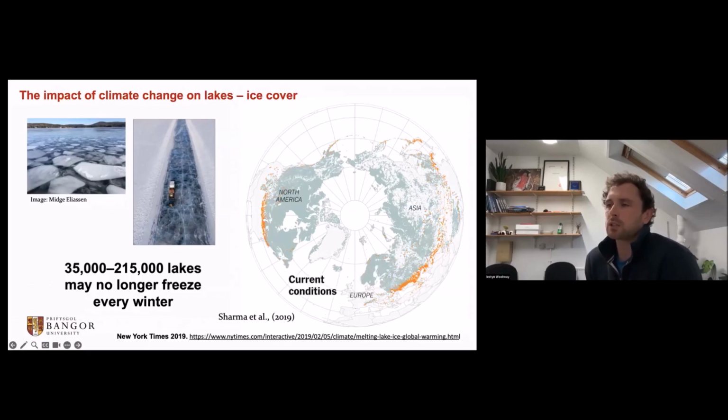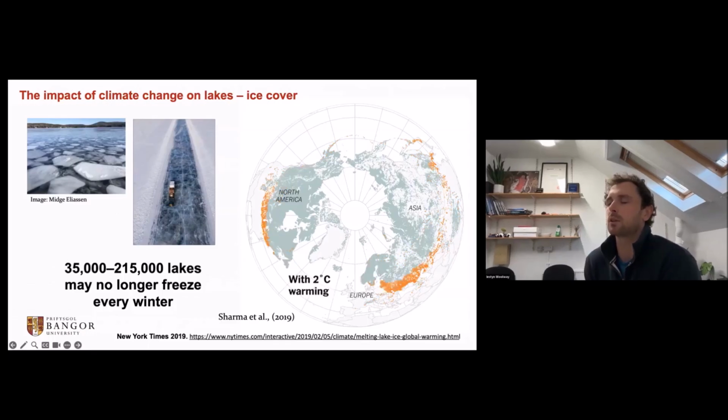And what you can see through each image as global warming intensifies is the increase in this orangey color throughout the Northern Hemisphere. Now, what this represents is with each level of additional warming, the number of lakes worldwide that no longer freeze every winter is increasing. So again, orange represents those lakes that don't freeze every year. So you can see as the image goes through, the concentration of those orange points increases.